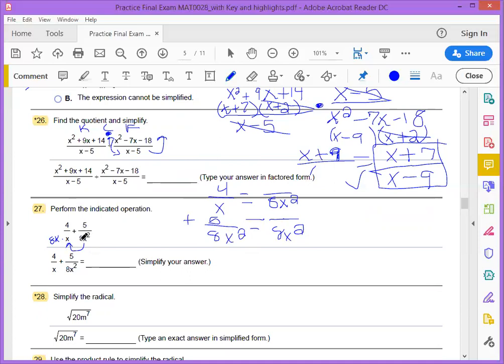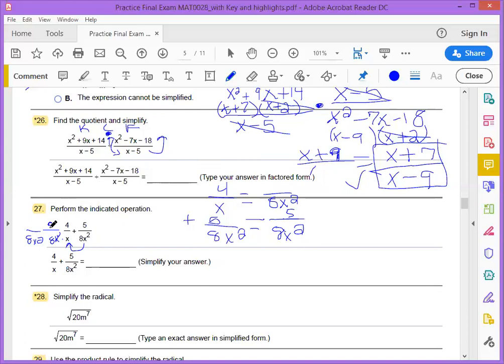Now our 5 over 8x squared, we already have the denominator that we need. So we'll leave that 5 in the numerator. However, to change 4 over x to having a denominator of 8x squared, we have to multiply it by 8x. 8x squared is what we want. We have to multiply x times 8x.